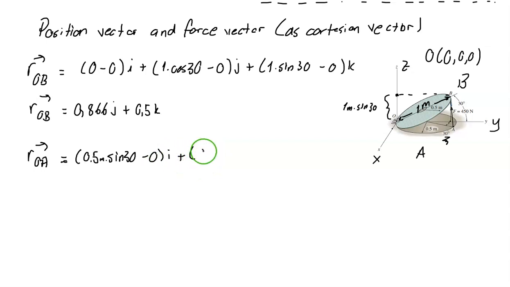plus, for the Y coordinate it's 0.5. That is easily seen here. Okay, but sorry, for Y I'm going to have 0.5 plus 0.5 times cosine 30 here, yes?